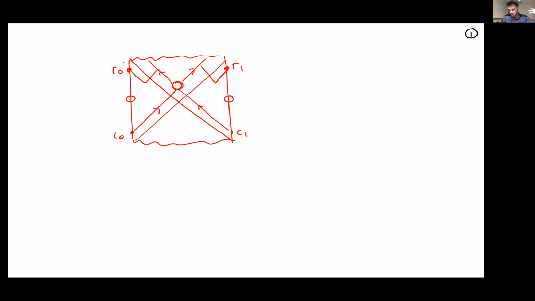And I could maybe put my output points here. Now it's confusing though, because how do I define, say, V0? That's supposed to be the future of C0 and the past of R0 and the past of R1. But R1 has this non-local coupling in its past, and so I think you should consider all of this also in the past of R1.